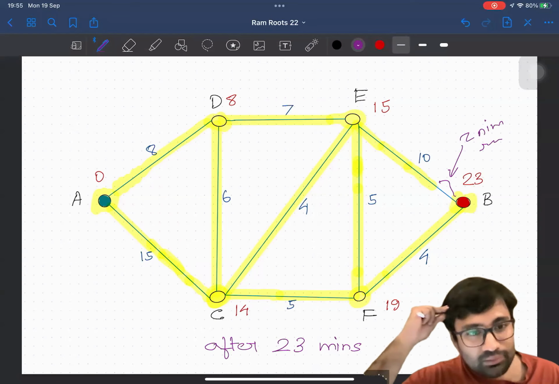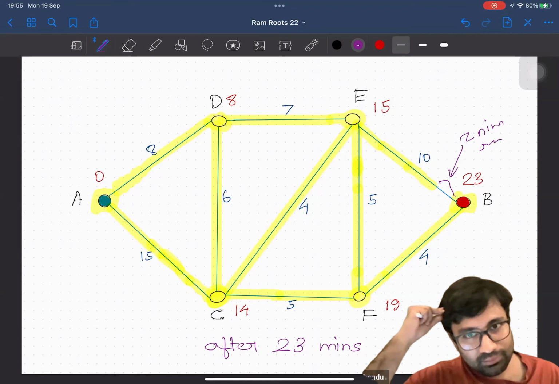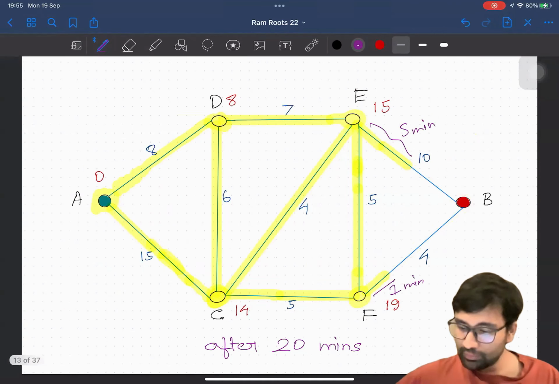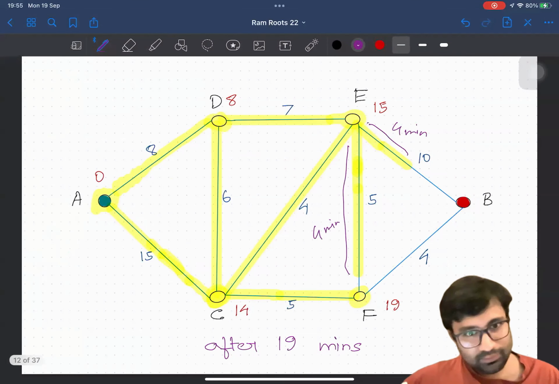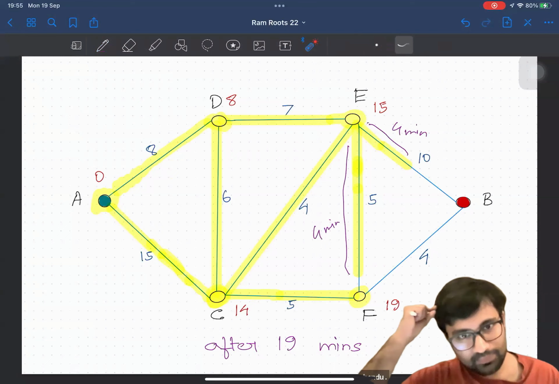Go ahead. Actually, in the before slide, okay, let me go to the before slide. Another before slide. Yeah, in this slide, 4 minutes is covered. So 1 more minute to go to F from E to F, so that we can count it as 1 minute. And then from E to B, when it's crossing, 5 more minutes is over.